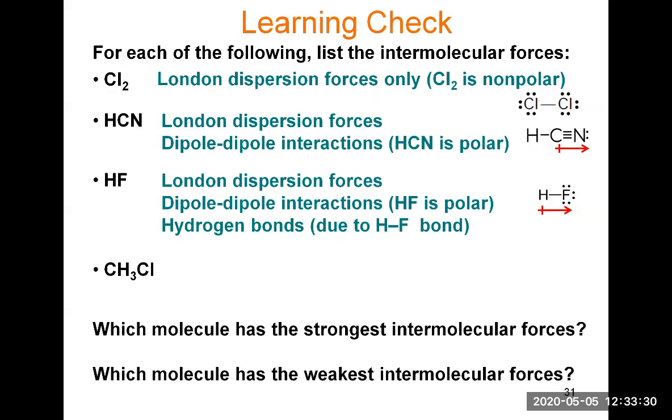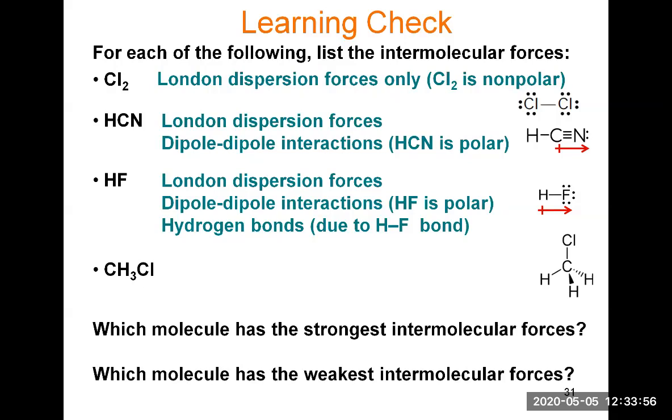CH3Cl. The Lewis structure is given to the right. The chlorine has 3 lone pairs, but they are not drawn here. The CH bond is non-polar, but the CCl bond is polar. If you look at the electronegativity difference, carbon has a value of 2.5, chlorine 3.0, so it's a difference of 0.5.